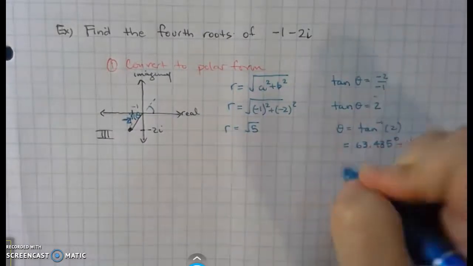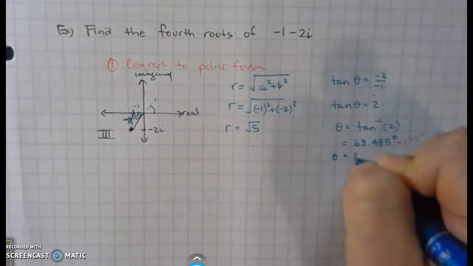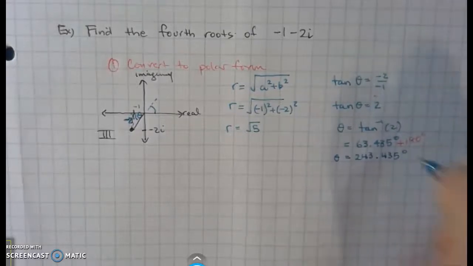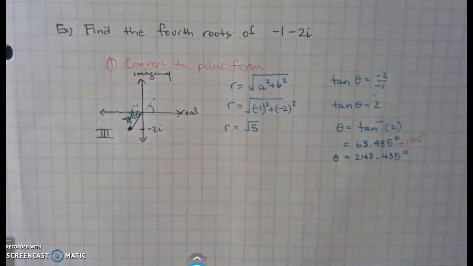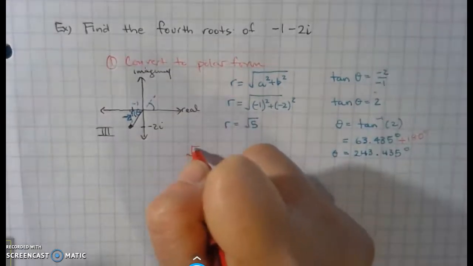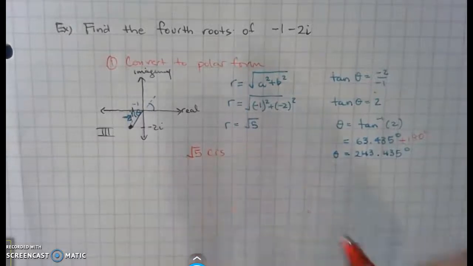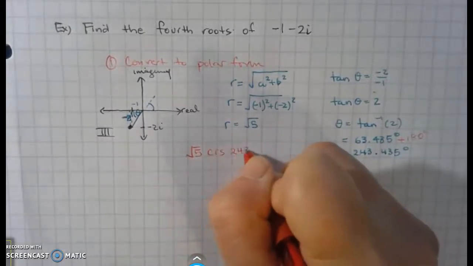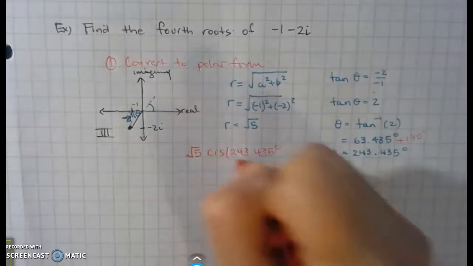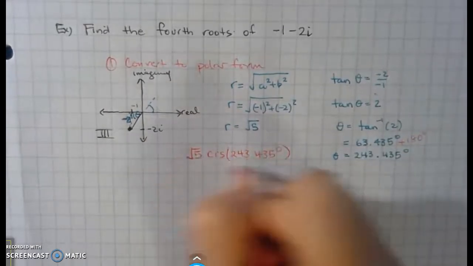So I know that theta is going to be 243.435 degrees. Now my polar form is going to be the square root of 5 at 243.435 degrees. And this is my polar form.